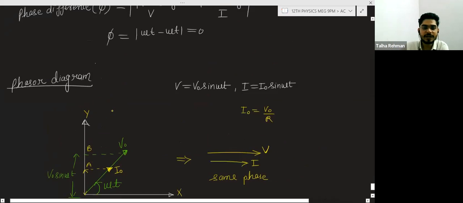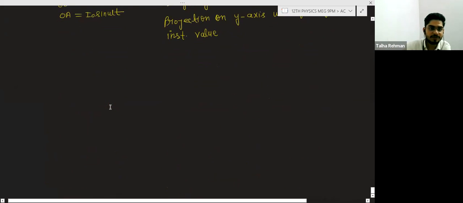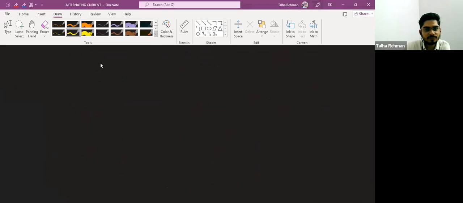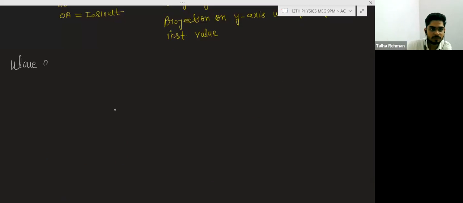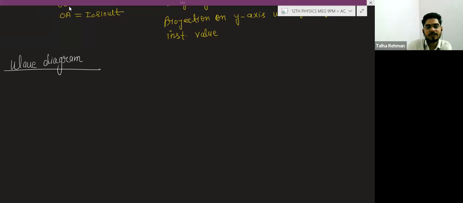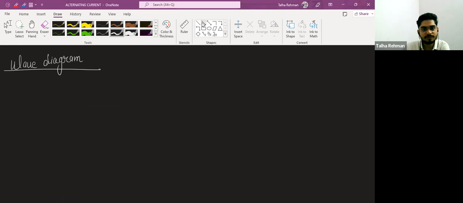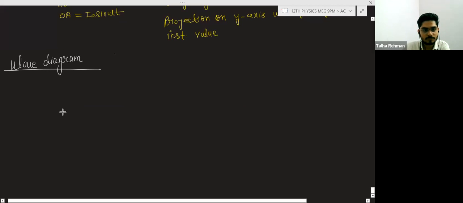Now you can draw it with a different type of diagram. I will call it the wave diagram. Wave diagram means you have to draw the sine curve like this.